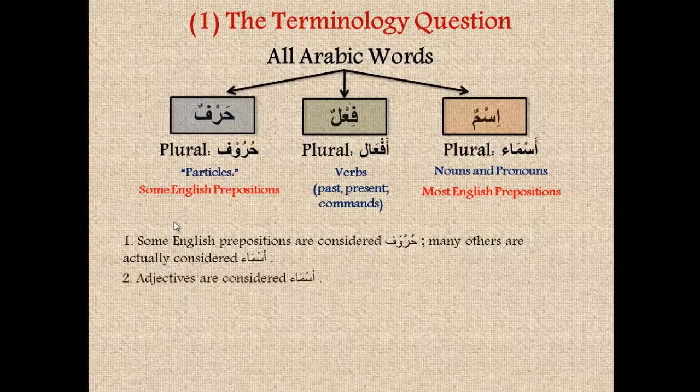Number 2 was more of an omission. So I forgot to mention that adjectives are actually considered asma' in Arabic. So adjectives fall under this category of asma'. Now, why did I make these two quote-unquote mistakes? And that's because of a pitfall that I was unaware of and that I want to warn you of at this point.